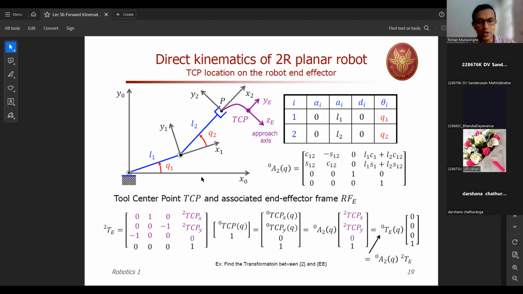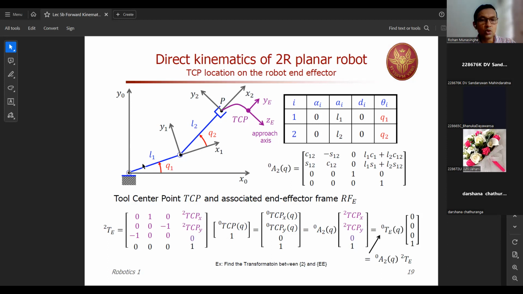All you need to maintain here is that they are orthogonal coordinate frames. x0, y0, they are normal to each other, right? x, y, z is a right angle coordinate frame, right-hand coordinate frame. Other than that, you're free to assign it the way you want on the 0 link, base link.